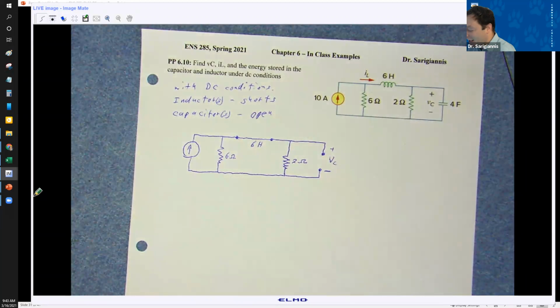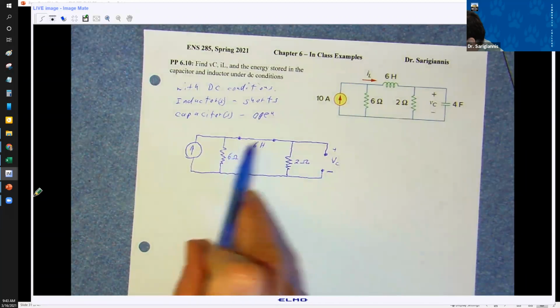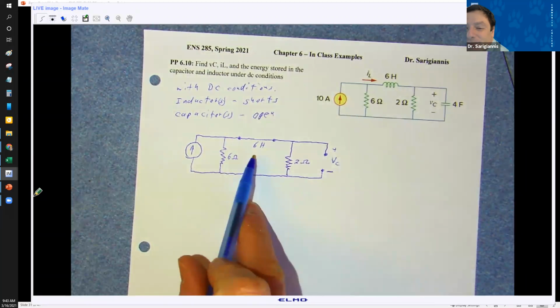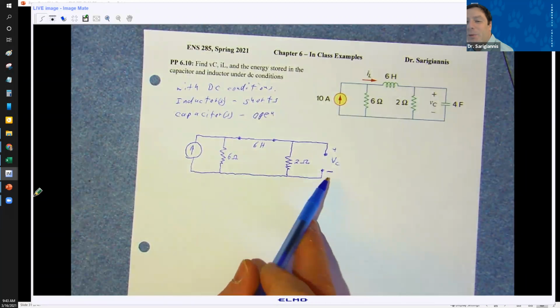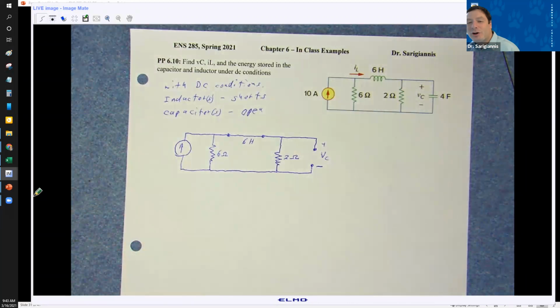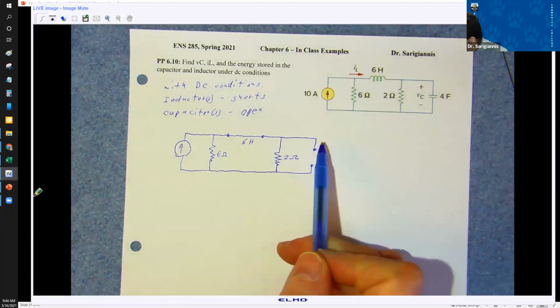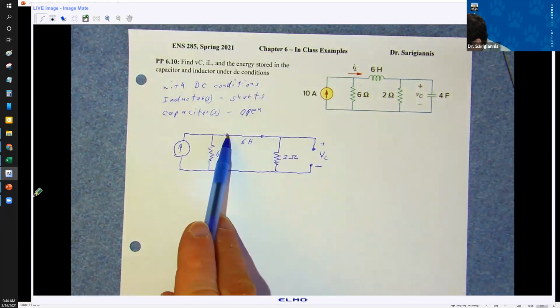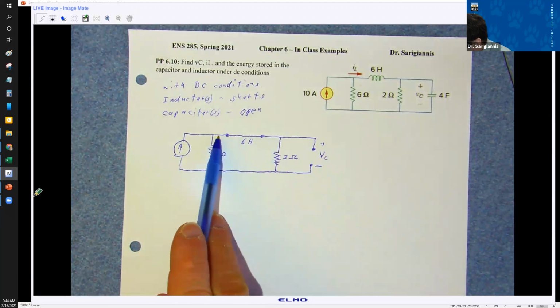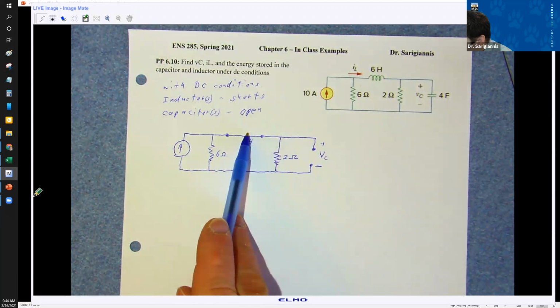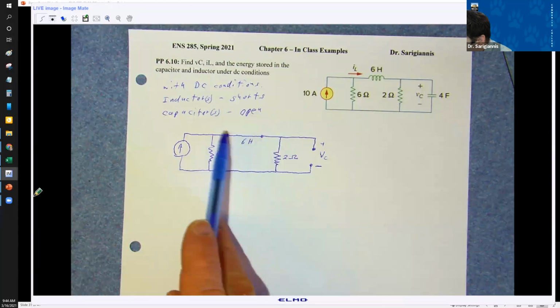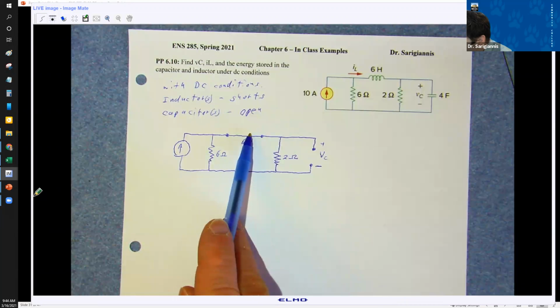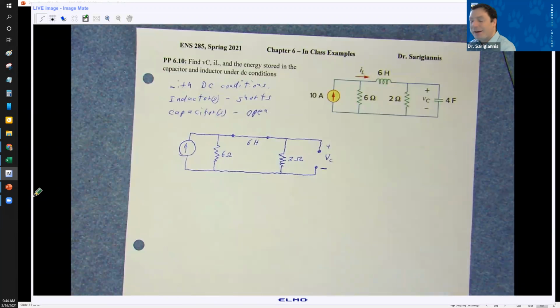All right, so this is what we have. I've replaced the inductor with a short, and I've replaced the capacitor with an open, because after a long time, what happens with the inductor? Initially your current goes through and you start generating a magnetic field. If you watch any of the videos, they use a water wheel as an example for the inductor.